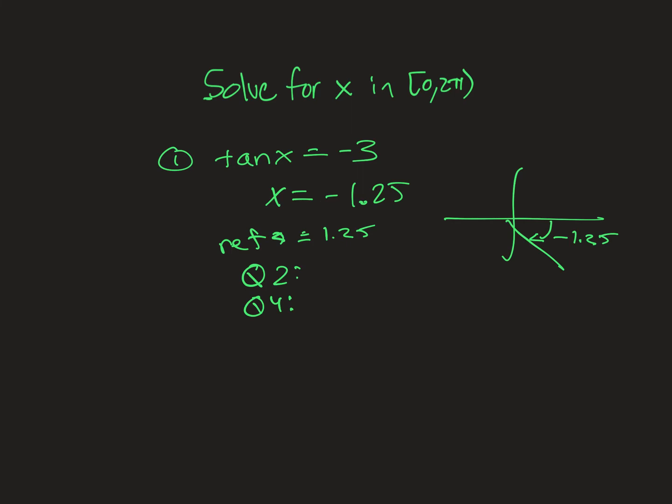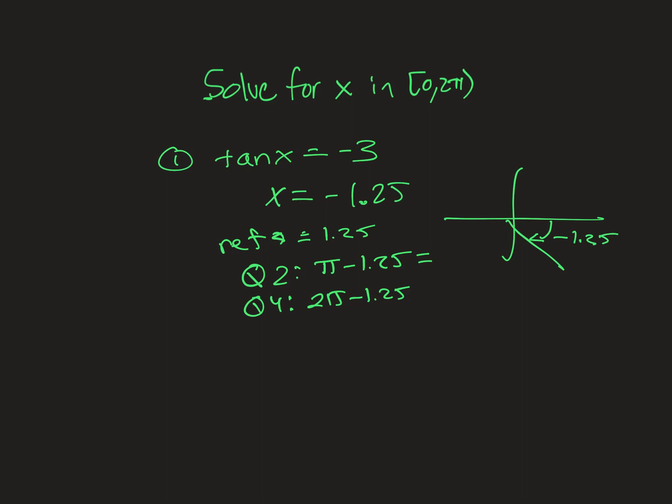Now, you may say to yourself, well, negative 1.25 is in quadrant 4. I agree, but it's not between 0 and 2 pi. So let's first do the quadrant 2 angle. To get that angle, I'm going to do pi minus the reference angle. To get the quadrant 4 angle, I'm going to do 2 pi minus this reference angle. Once you recognize that, it's just a matter of putting it in your calculator.